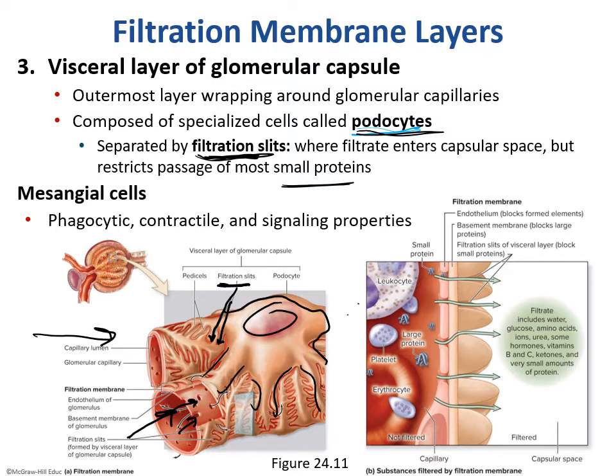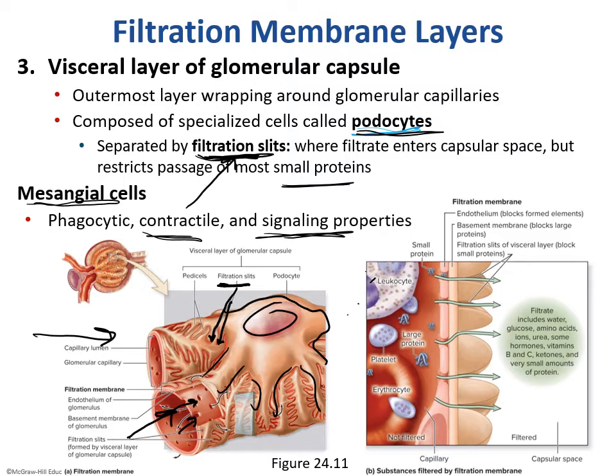Within this visceral layer of our glomerular capsule, we also have something called mesangial cells. These feel very similar to macrophages. They are phagocytic. Something that's really cool is they are contractile, so they can actually make these filtration slits even smaller, and they can release some signaling molecules to tell the rest of those podocytes to contract and decrease the size of those filtration slits.